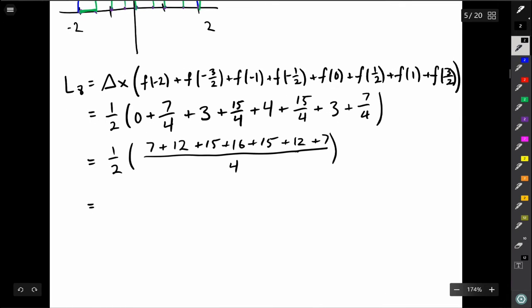Right? So let's see, that's 19. Let's do this. This is 30, 40, 70. This is going to be 84 over 8. All right? And that's going to be 10.5.